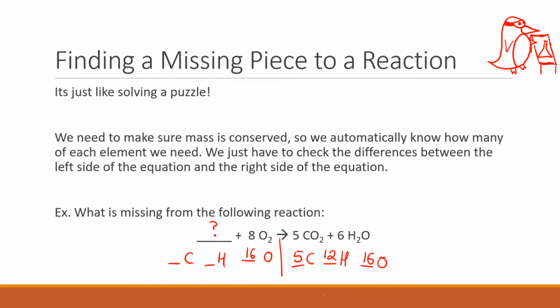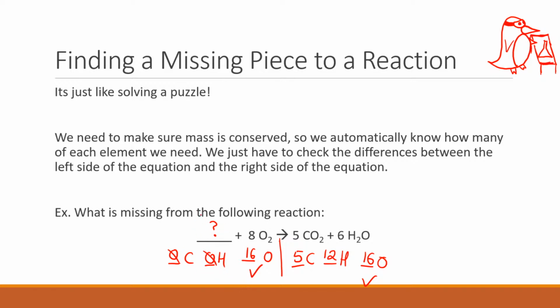If I'm looking for my missing piece, I'm comparing my left and my right. Here I've got 0 C's and 0 H's and 16 O's. Here I've got 5 C's, 12 H's, and 16 O's. My O's match. Hooray. Fantastic. Amazing. But my C's and my H's don't.